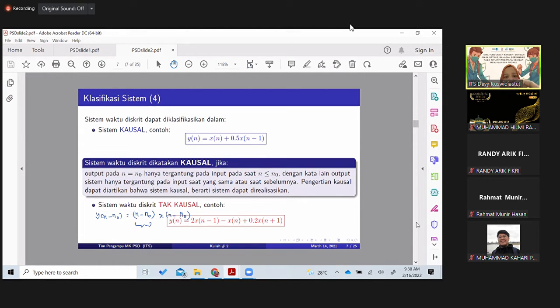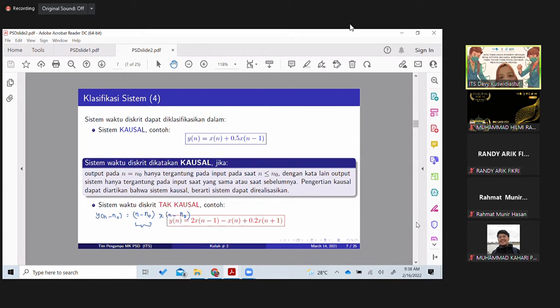This is also an important classification, or characteristic, of a linear system. As a system designer or engineer, you have to make sure that your system is causal. Why?